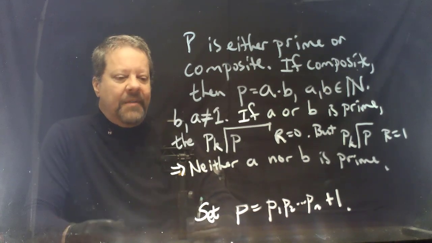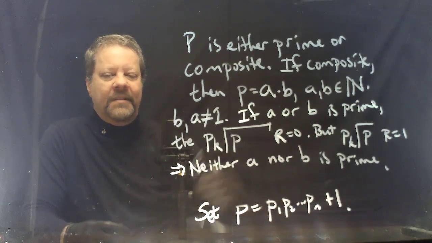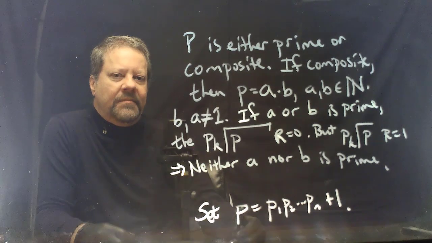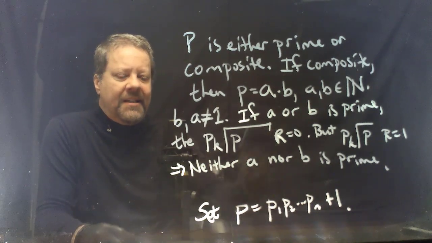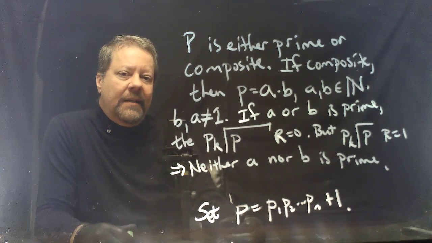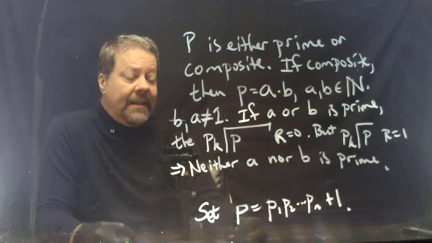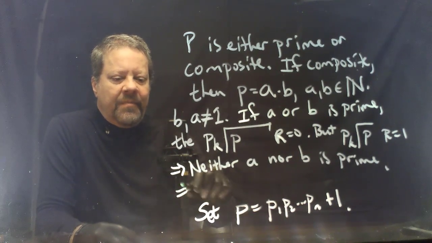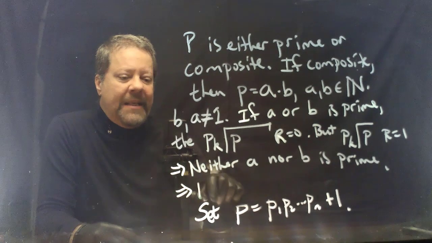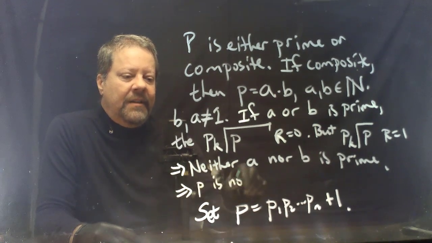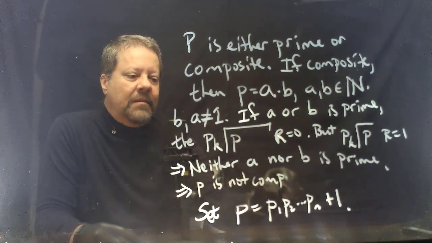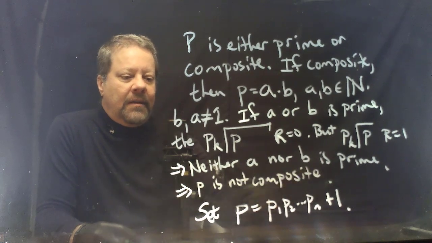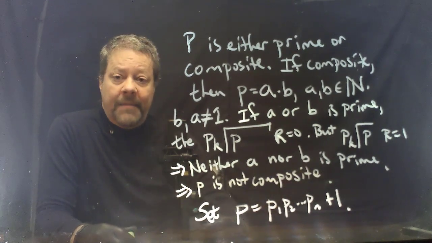That means none of our primes divides evenly into this, but every composite number can be expressed as a prime times something else, which means that P is not composite. That means P is prime.